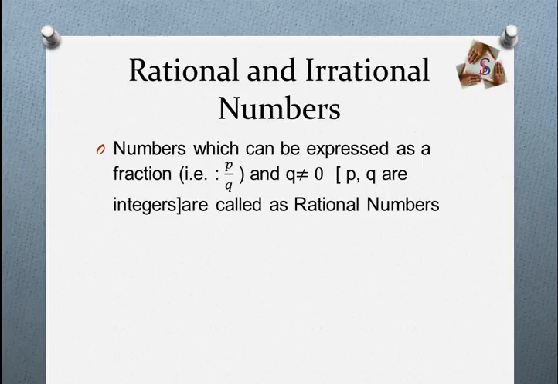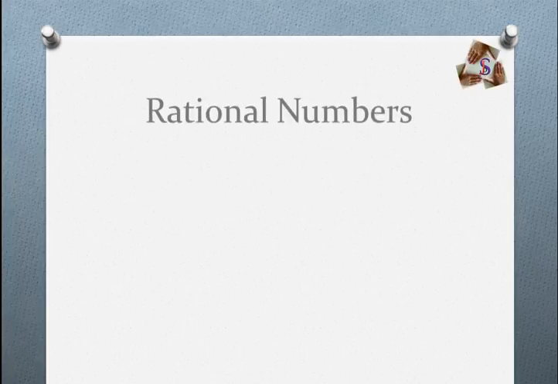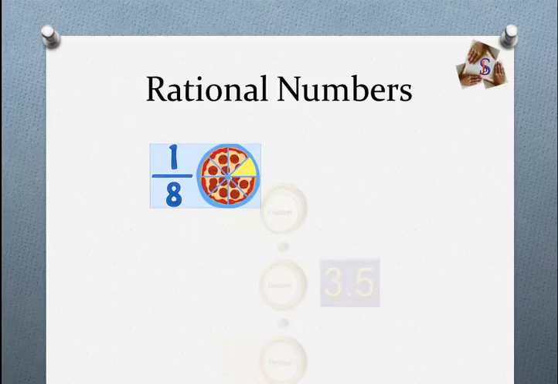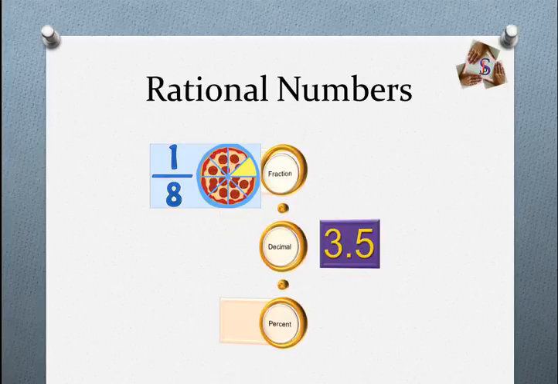Therefore, rational numbers can always be represented by letter Q. Rational numbers are fractions, they are decimals, and they are percent type of numbers. So is 0 a rational number?